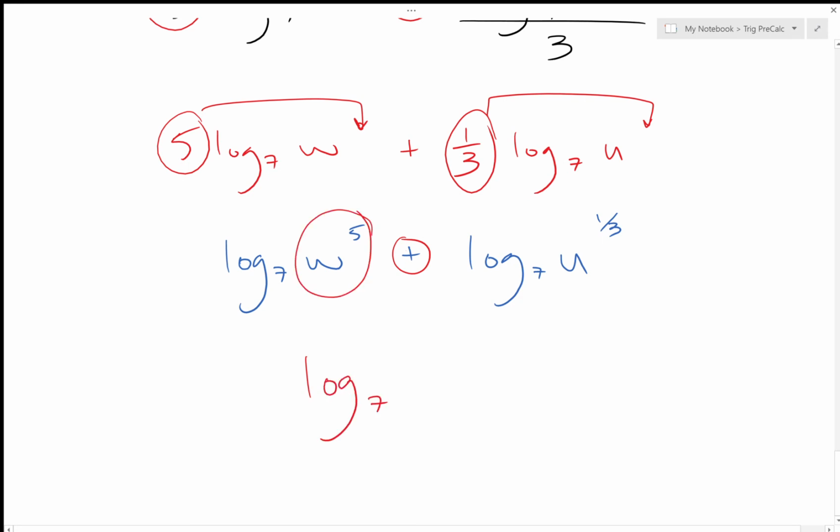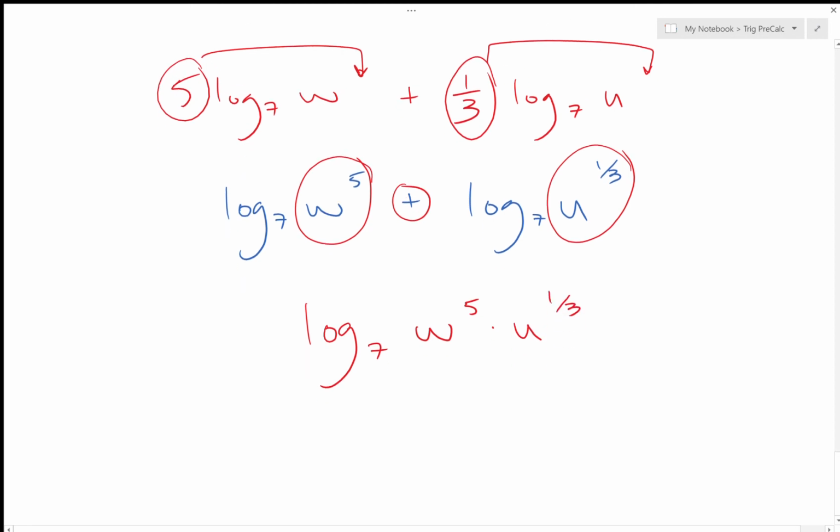It's going to be this piece times this piece. So w to the 5, u to the 1/3. All right, and if you really want to clean this up, remember we know that 1/3 power is the same thing as a cube root, so we can rewrite this back as a cube root of u being multiplied still together.